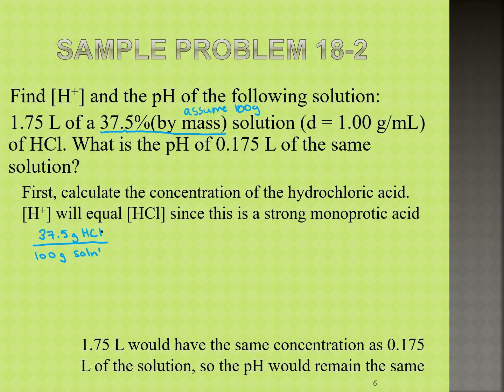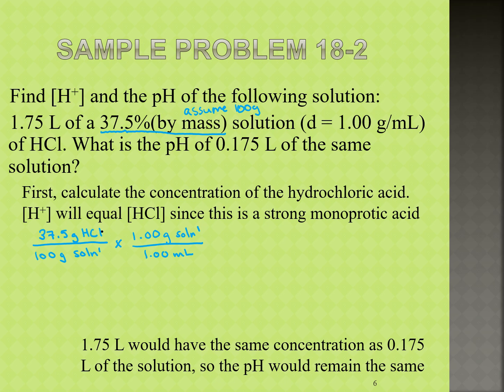Now, the reason that I made that assumption was that now I can use the density, because the density is for an entire solution. So the density of this is 1.00 grams of solution per 1 milliliter.